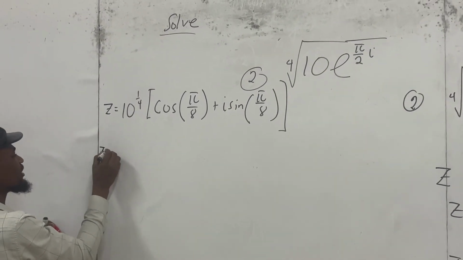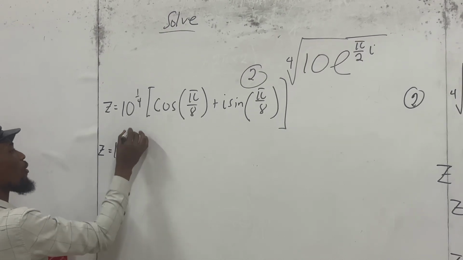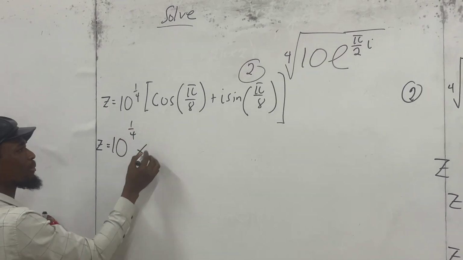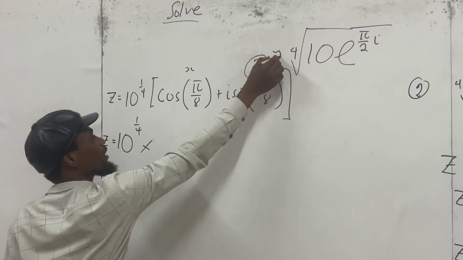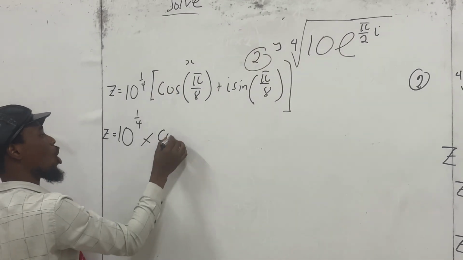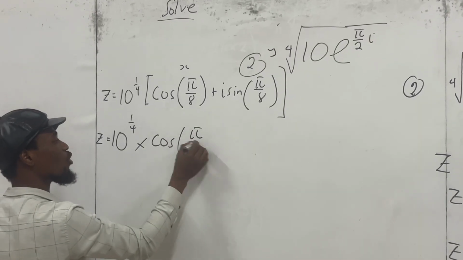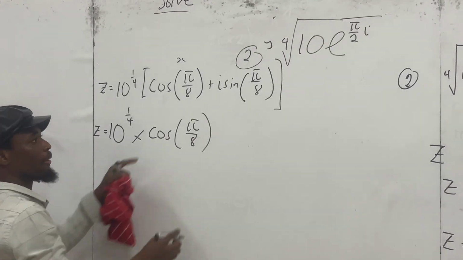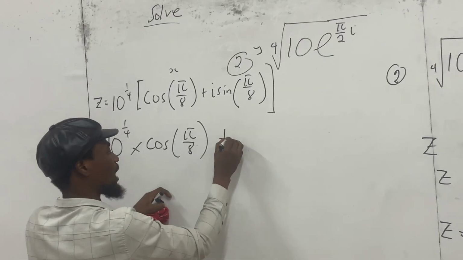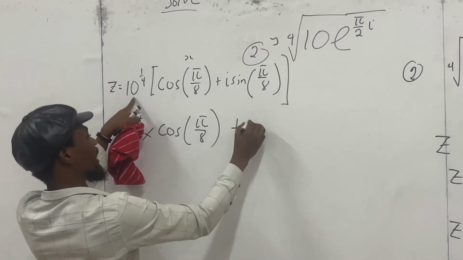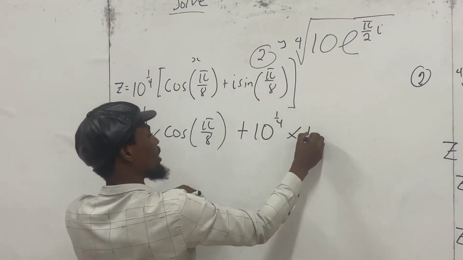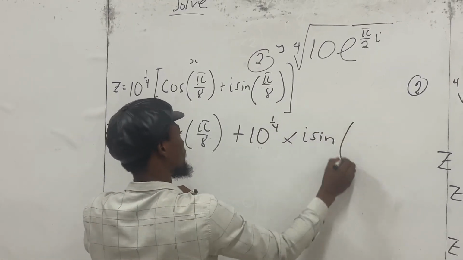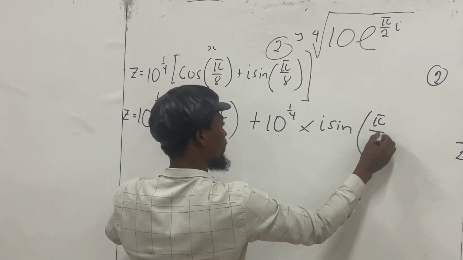So you have z is equal to 10 to the power 1 over 4 multiplying the whole of this, that's the x component, right? x, and y times cos pi over 8. Then what do we have? Plus in the middle, plus. Then we have this 10 to the power 1 over 4, multiplying the y, which is i sine pi over 8.